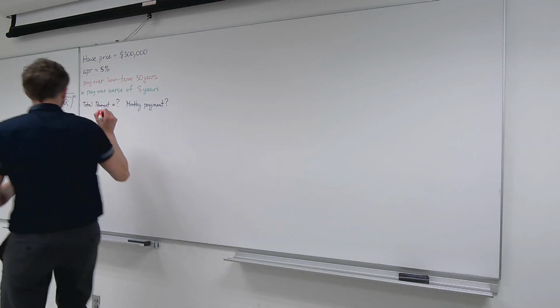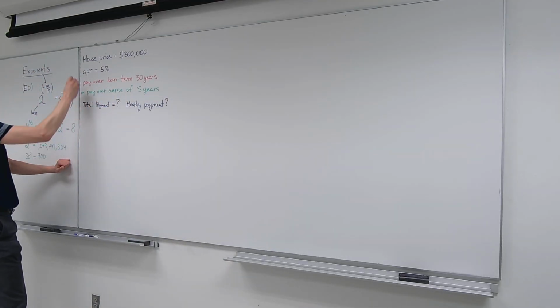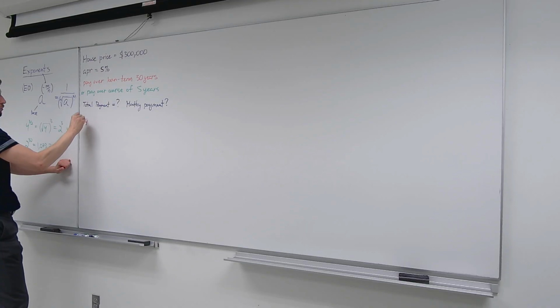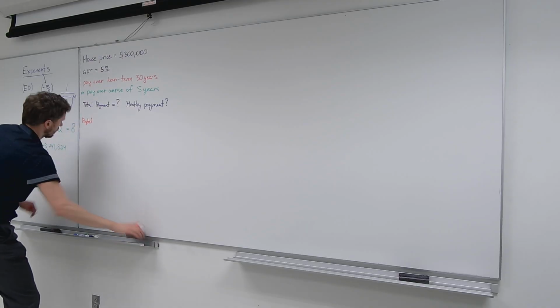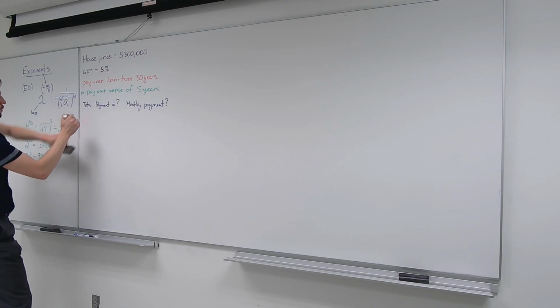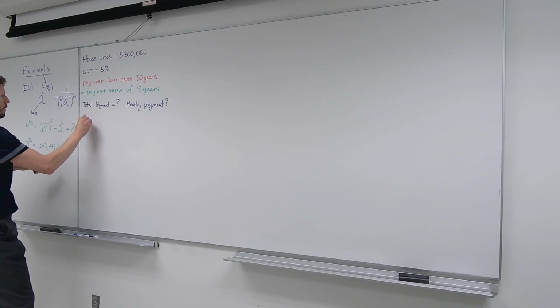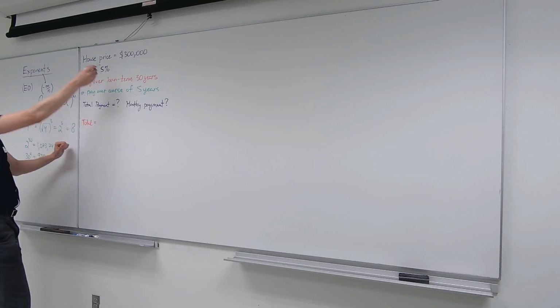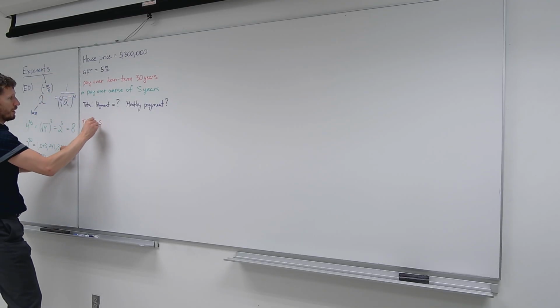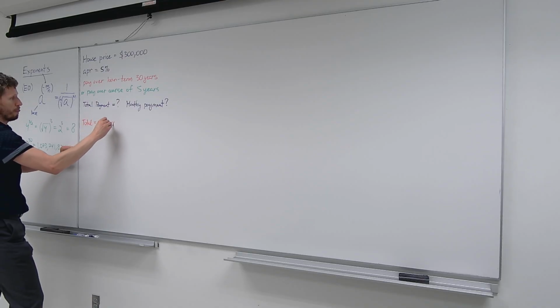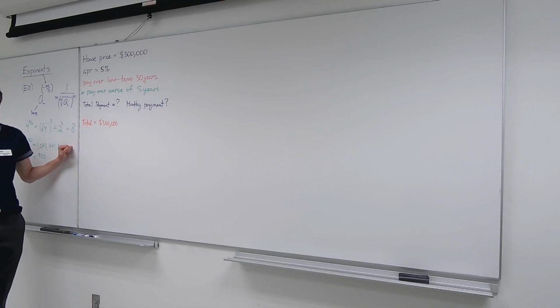So watch this. Let's do the total payment on the red one, right? So 30 years. Total cost equals 300,000. Then what do you do with 300,000? You multiply, you know what 5% means? 1.05, right?